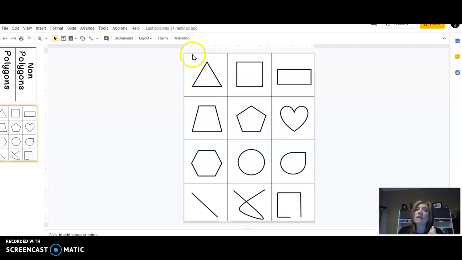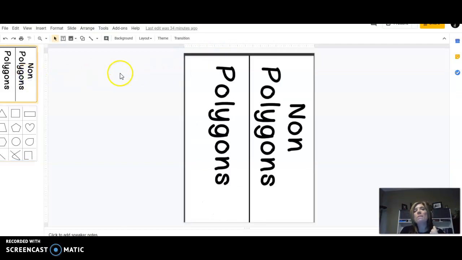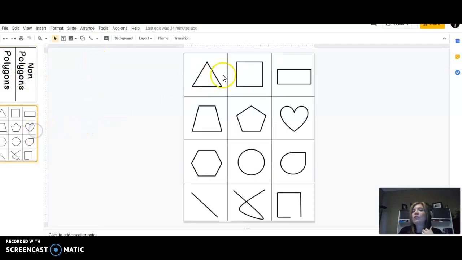So you will cut out this picture of the triangle and you will paste it on the side of your paper under the heading polygons. You will not put the triangle under non-polygons because the triangle is a polygon.